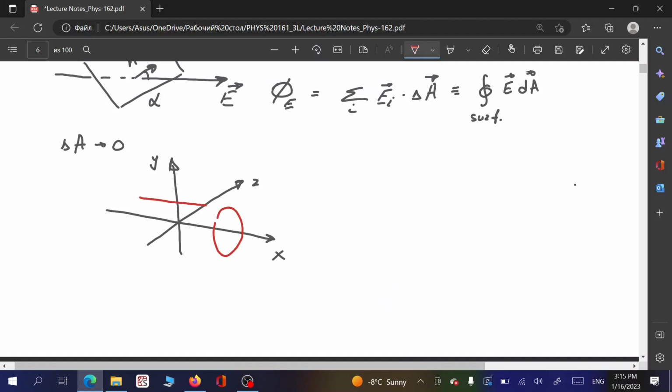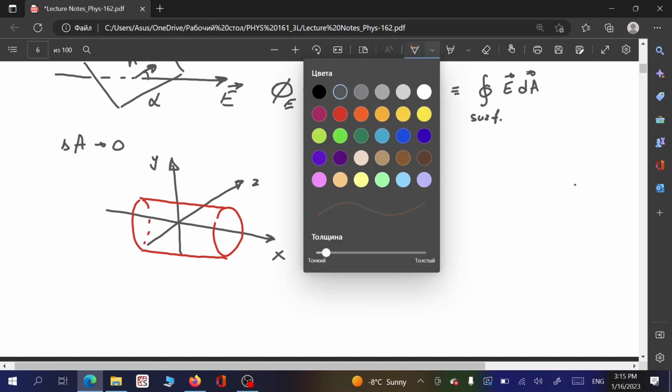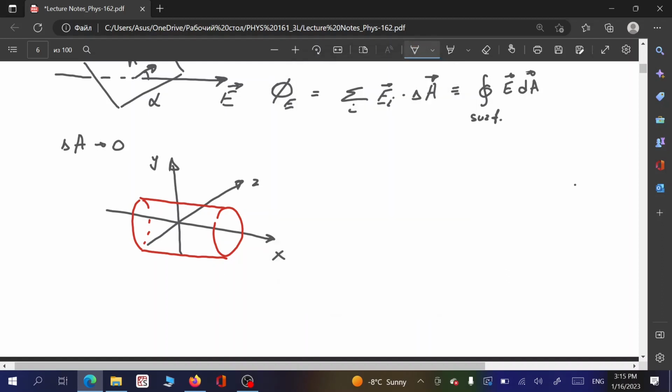So this is our cylinder, which is placed along axis X. So here we can consider three surfaces of this cylinder. So it will be surface A1, A2, so these are bases of the cylinder, and the side surface will be A3.